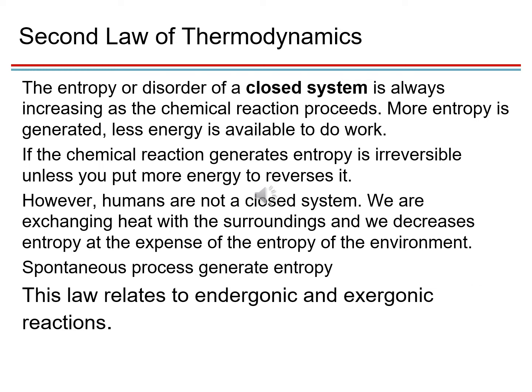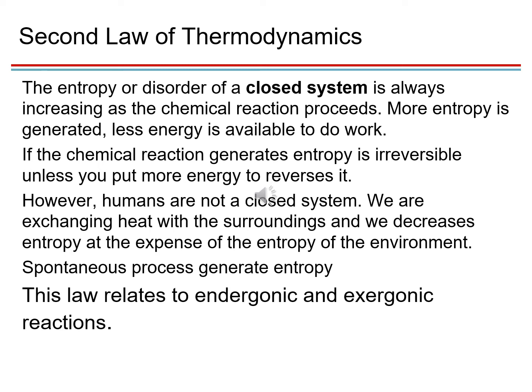Now, humans are not a closed environment, and we are exchanging heat with our surroundings or external environment, and we decrease our entropy at the expense of the entropy of the external environment. So, spontaneous processes generate entropy.